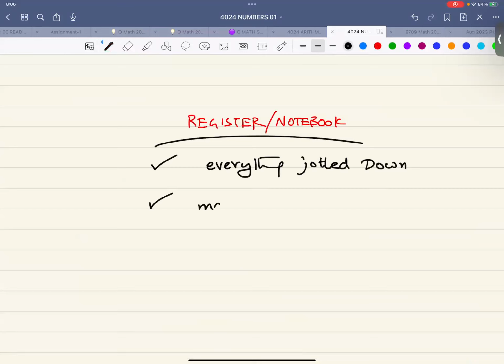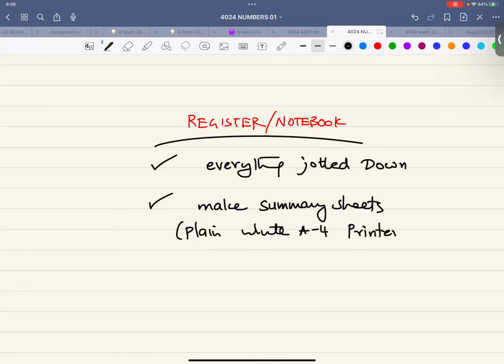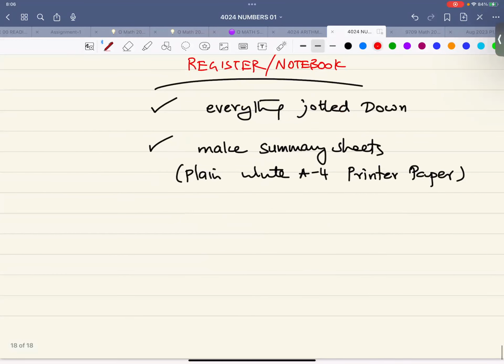Second thing, make summary sheets. Like I have drawn over here, that should be on plain white A4 size printer paper. And be a little bit colorful. Use at least a red color, maybe a blue color, maybe a green color.